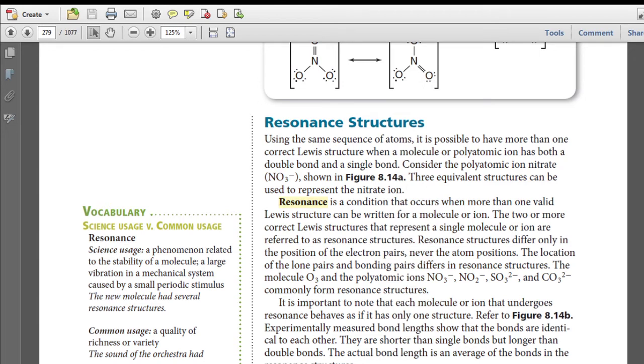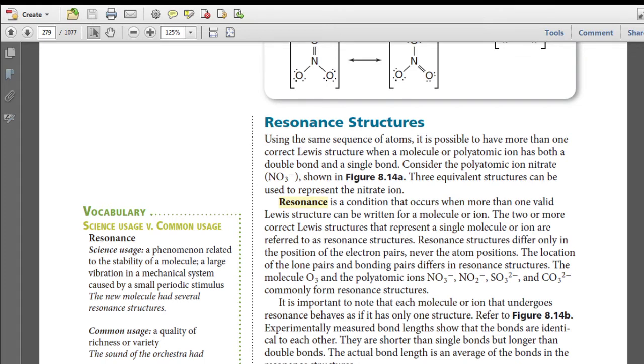Resonance structures differ only in the position of the electron pairs, never the atom positions. The location of the lone pair and the bonding pair differs in resonance structures. The molecules O3, or ozone, and the polyatomic ions nitrate, nitrite, sulfate, and carbonate commonly form resonance structures.